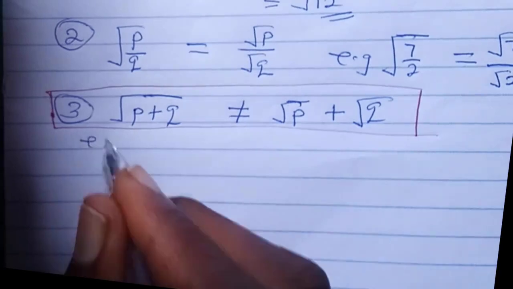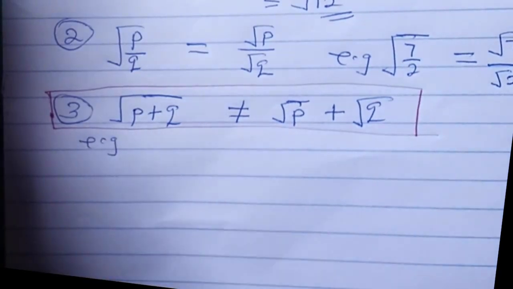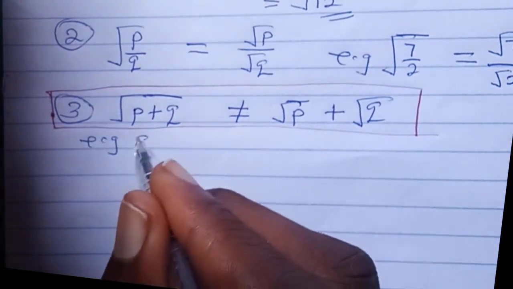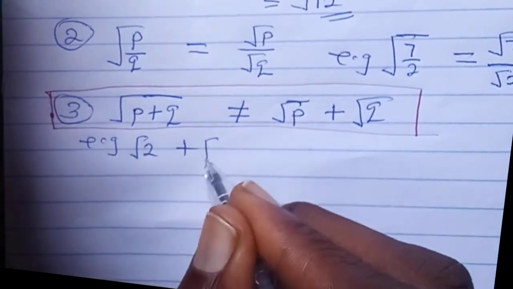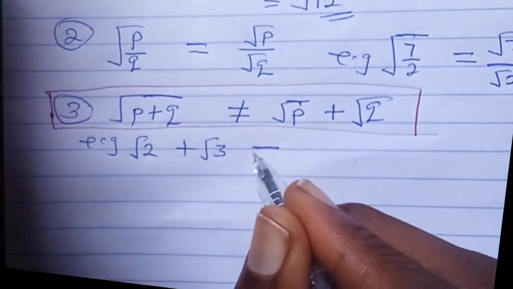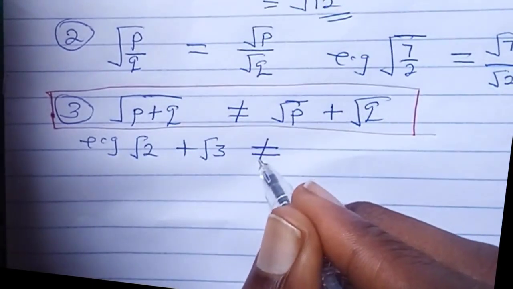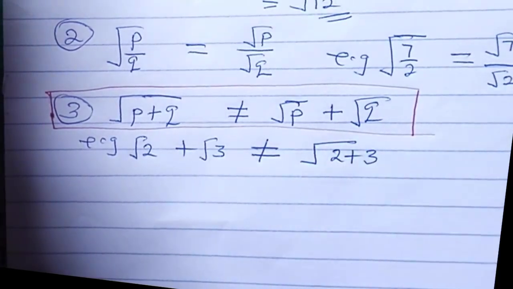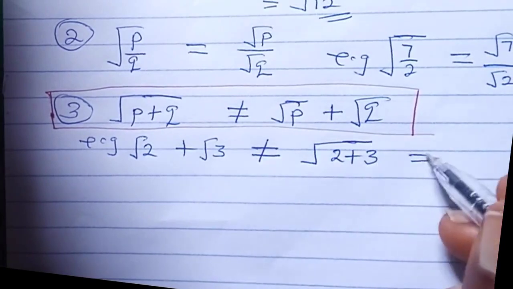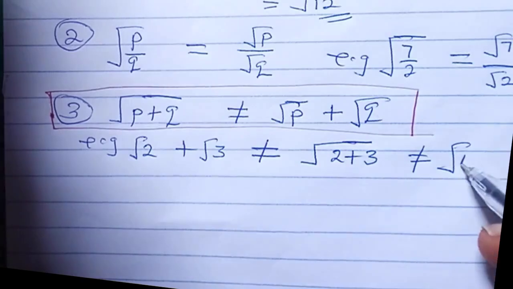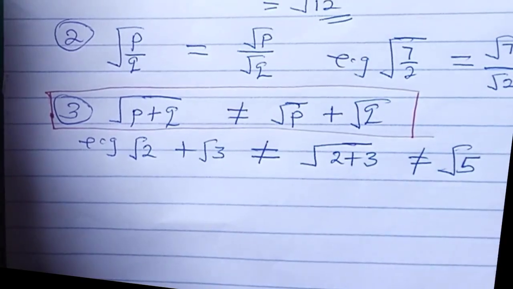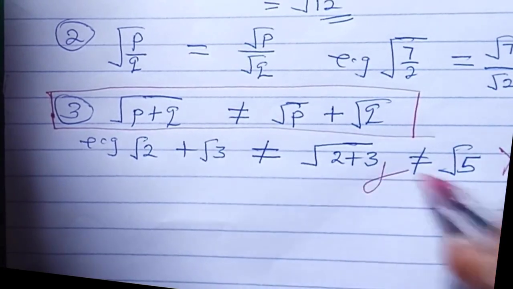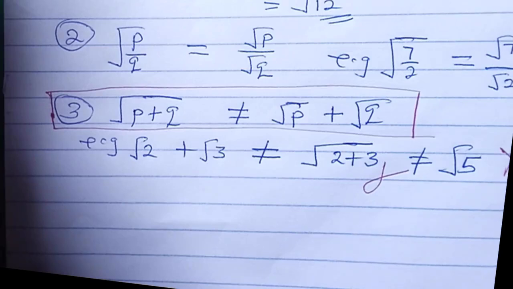For instance, if you are given root 2 plus root 3, take note that this is not going to be equal to root of 2 plus 3. This is wrong. If you do this in WAEC, you'll be marked wrong. This is very wrong. It is not equal to.